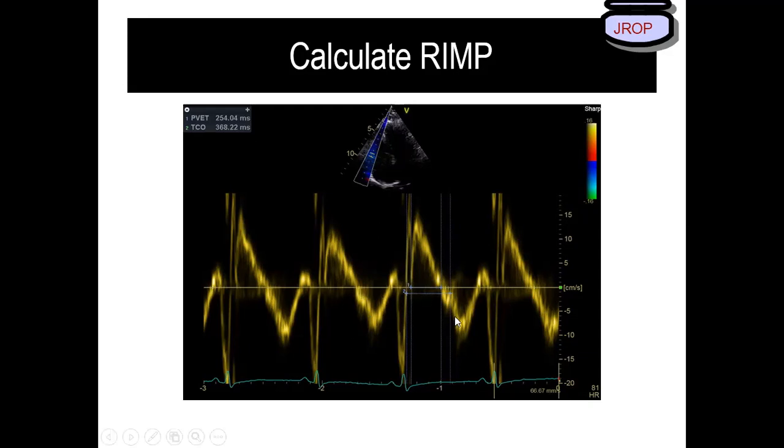But in other methods, we have to calculate PVET, pulmonary artery ejection time, then TVCO, tricuspid valve closing and opening time, in two different frames. Here we don't need two different frames. Anything less than 0.56 is considered normal, more than that is abnormal.